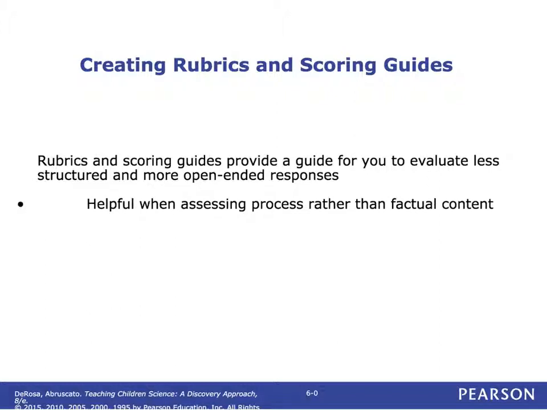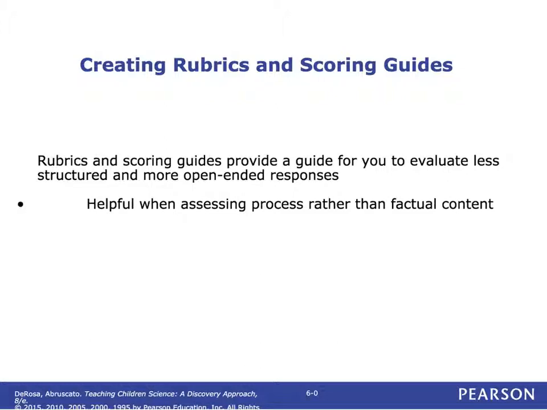For a test, you have a specific answer sometimes, and sometimes it's more open-ended. If you have an activity that allows for responses that are more open-ended, a rubric is a good guide to help you provide structure and guidance for evaluating the performance on these types of activities.